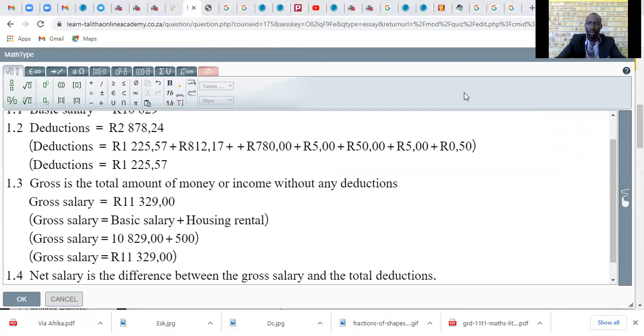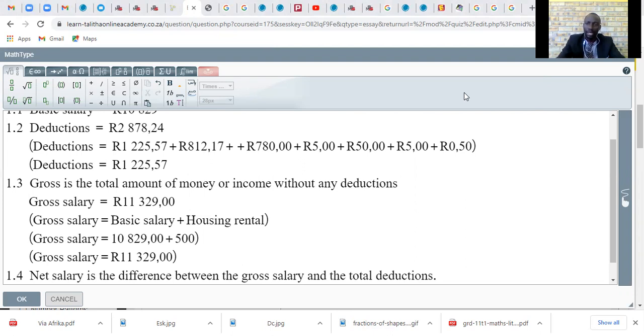The first thing that we want to add is 1225.57. Then we want to add that to 812.17.